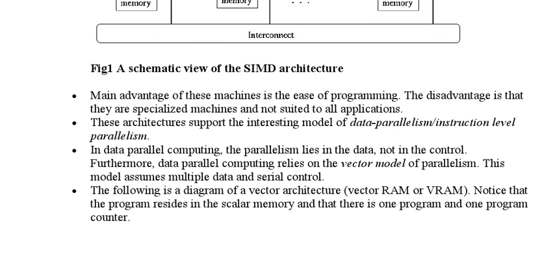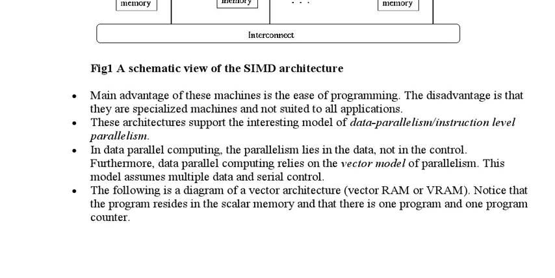Just do one thing, read this portion carefully yourself and try to take the essence. The main advantage of these machines, that means SIMD machines, is the ease of programming. Why?